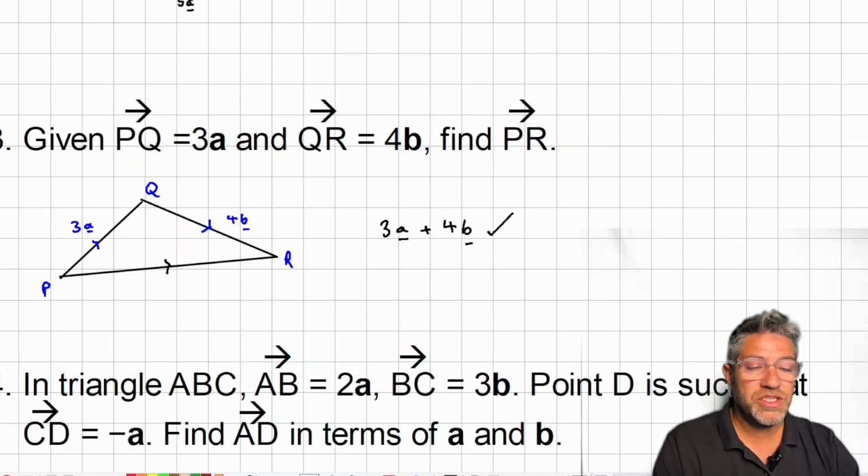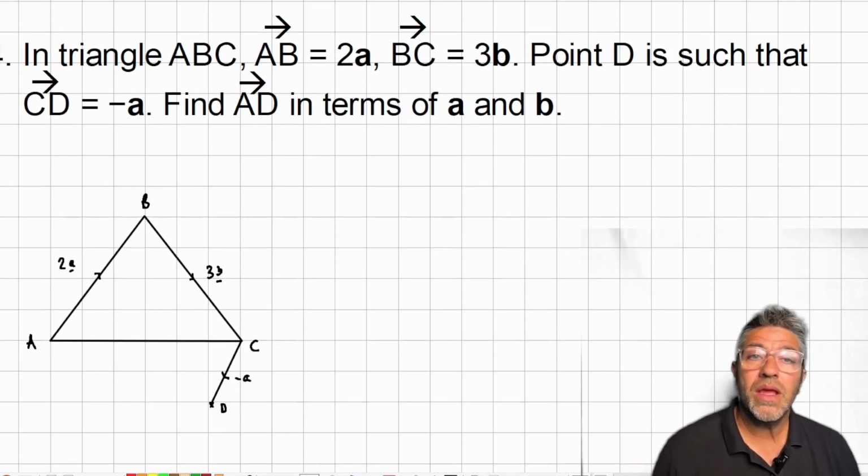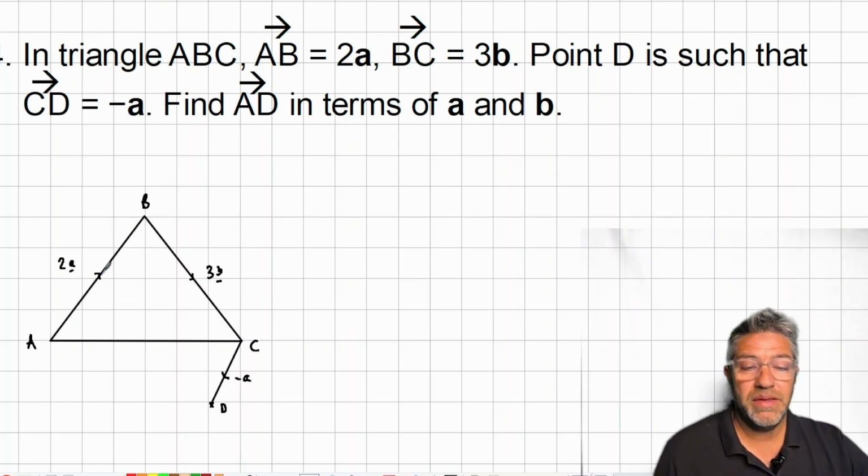So now let's look at question 4. In this instance, we are given a diagram. In triangle ABC, we can see ABC quite clearly. AB, so A to B, directional arrow equals 2a. B to C is 3b. And point D is such that C to D is negative a.